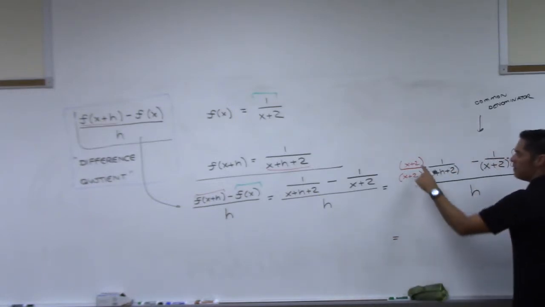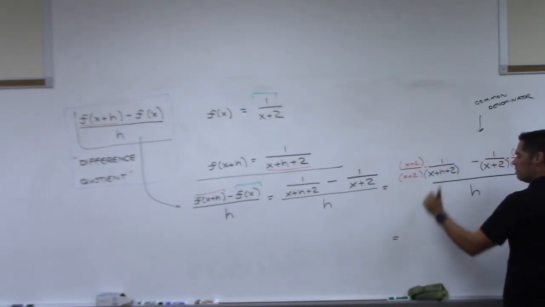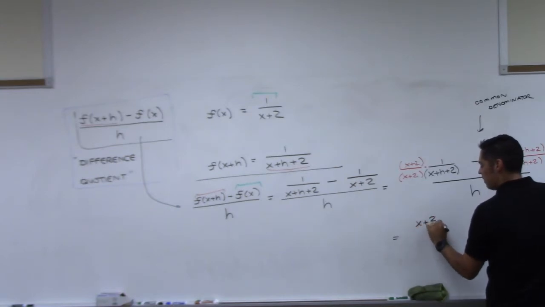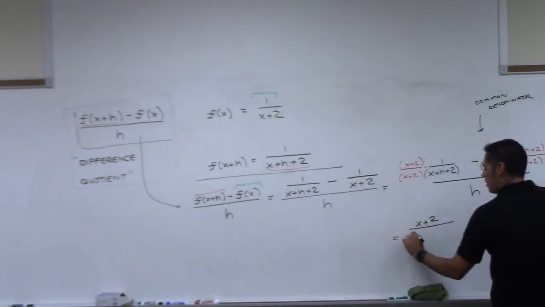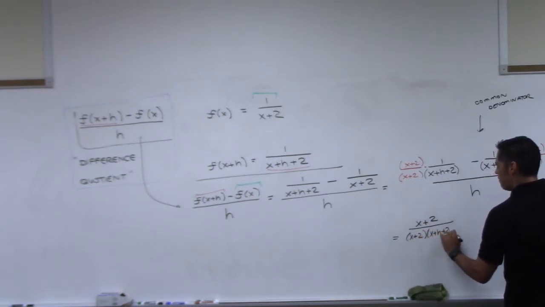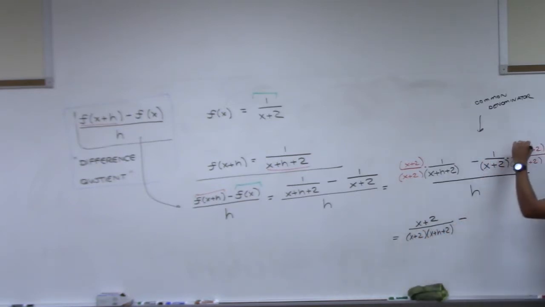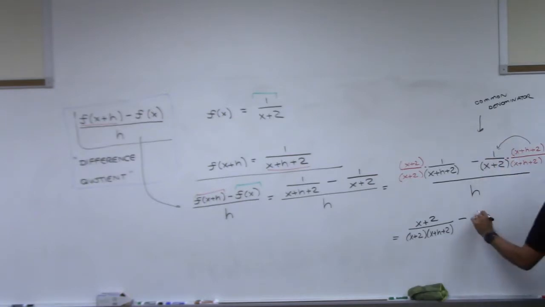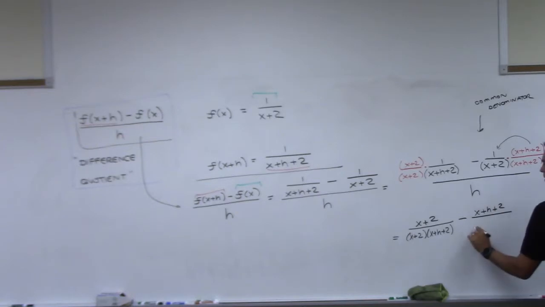So I'm going to have the x plus 2 times 1, which is just x plus 2, over the common denominator, x plus 2 times x plus h plus 2. Then minus, now I do this whole thing times 1, which just gives you x plus h plus 2, over the denominator, x plus 2 times x plus h plus 2.